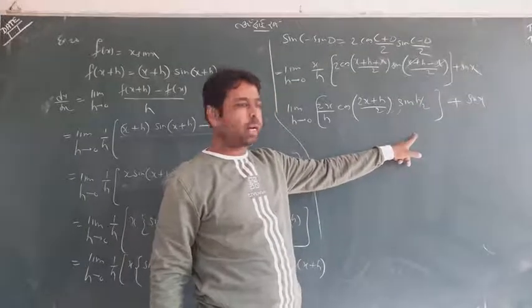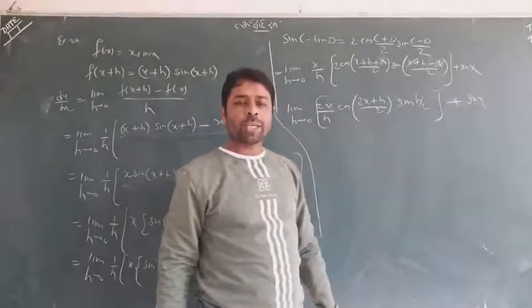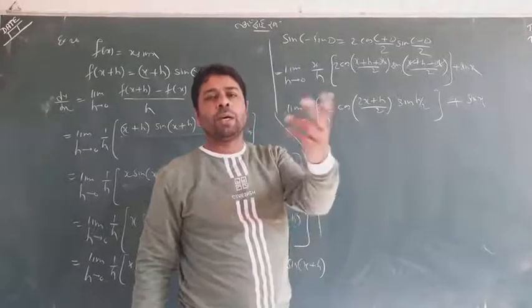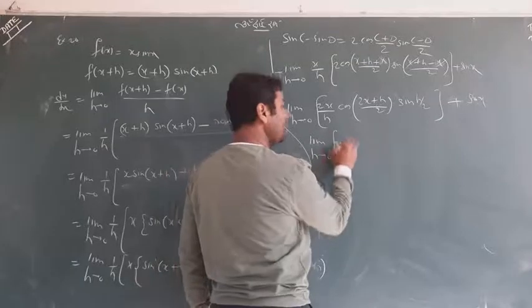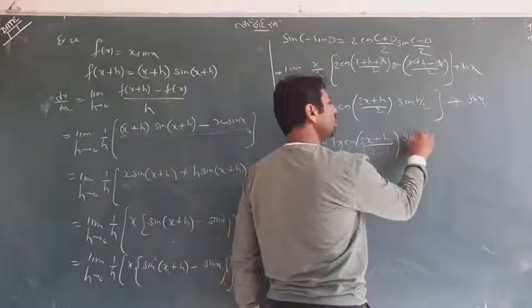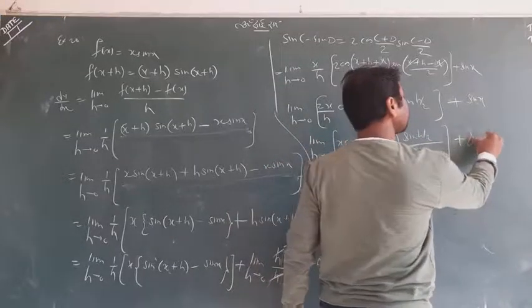It is simple habit now. It is 2 by h. So I will transfer 2 by h into the denominator of sin h by 2 and have the same term in the denominator as the angle. So limit h tends to 0, we have an x remaining there, and sin h by 2 upon h by 2 will be coming in plus sin x.